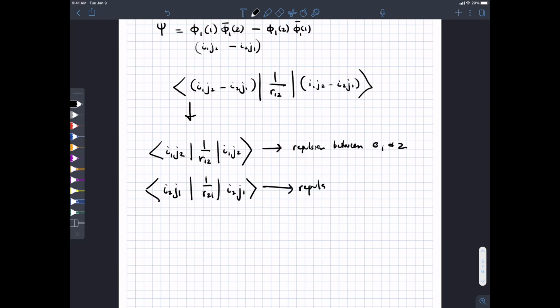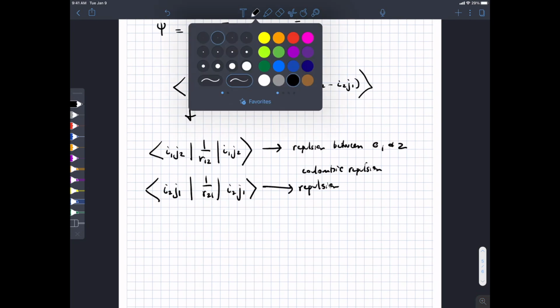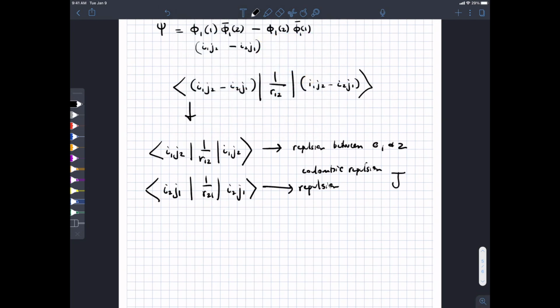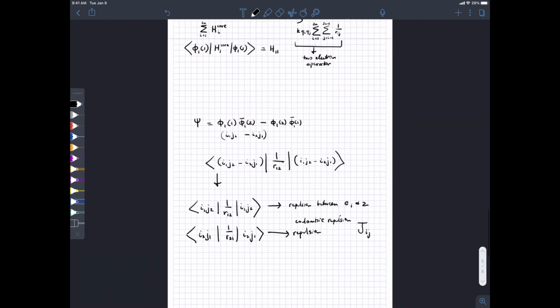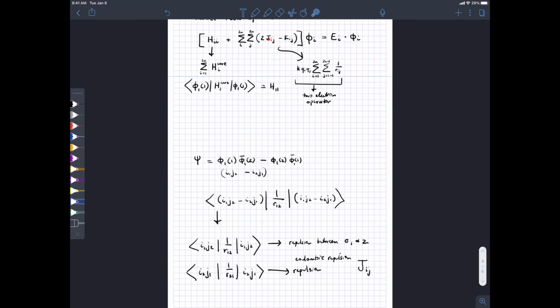That's also Coulombic repulsion. And we're going to represent this as the letter J with a subscript I and J. So in our Hartree-Fock equation, that's where the J comes from. The 2 comes from the fact that you've got 2 different spatial orbitals here, and each can have 2 electrons. So there's actually 2 repulsion terms per spatial orbital.